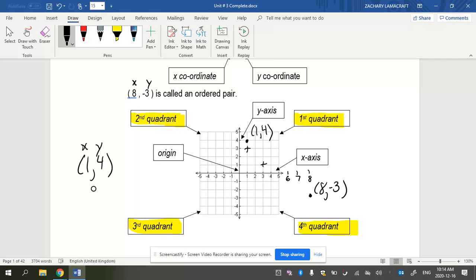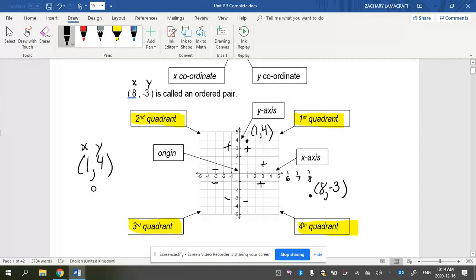On the second quadrant, we have positive numbers on the y-axis, but we have negative numbers on the x. And then on the third, we have both negative on the x and negative on the y. And then finally, on the fourth, we have a positive on the x and negative on the y.